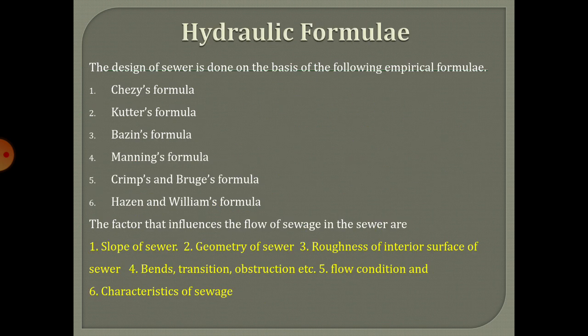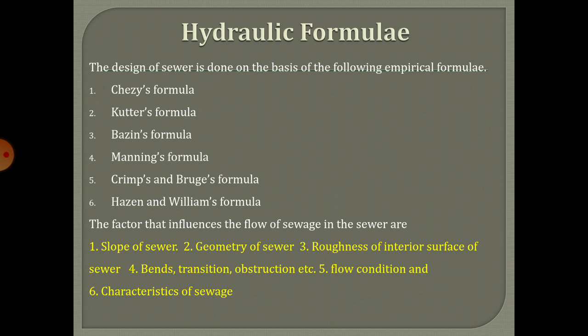There are certain empirical formulas developed by various researchers that can be used for the design of sewer. The formulas are Chase's formula, Cutter's formula, Bazin's formula, Manning's formula, Crimp and Bruges' formula, and Hazen and Williams formula.